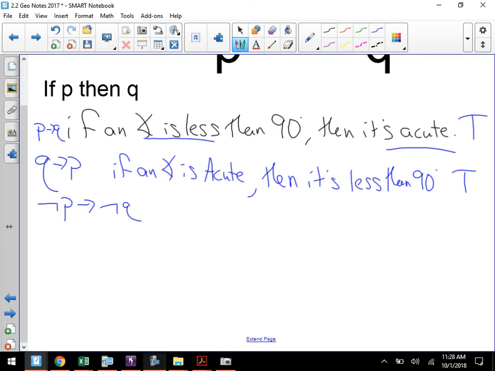Sometimes they use that, or sometimes they do a tilde. Not P. I forget what this book uses. I think this book uses a tilde, a single squiggly. I've seen it written both ways. I just wanted to show you guys either one.